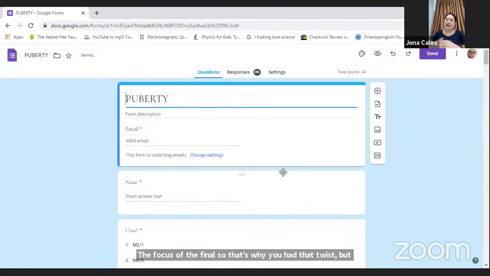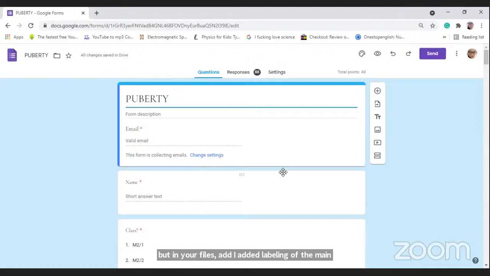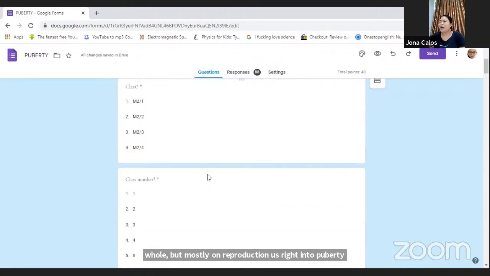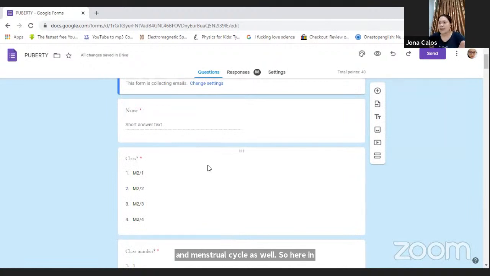But in your finals, I added labeling of the male and the female reproductive system and the reproduction process as a whole, but mostly on reproduction. In puberty and menstrual cycle as well. So here in your quiz, this is how it looks.